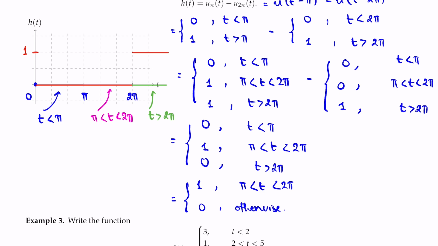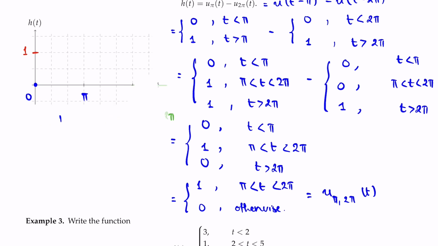This is the window function, so you can also write it as u sub pi comma 2 pi of t, to illustrate that this is the rectangular window function for a equal to pi and b equal to 2 pi. When you plot this function, you should get the following.